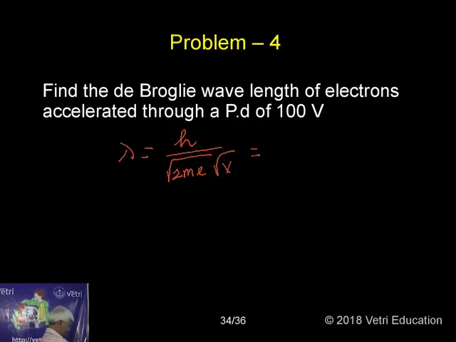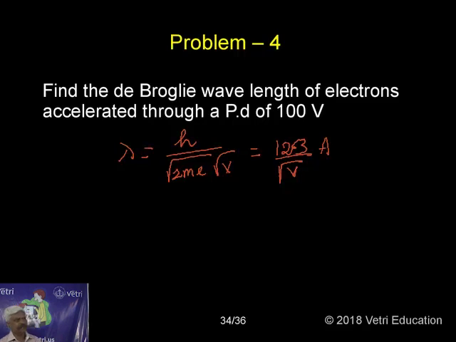Because we know h, Planck's constant, 2m, everything is known. I have given the shortcut formula, 12.3 by root V, as the answer. So keep this in mind, because h is Planck's constant 6.63 × 10 to the power minus 34, m is the mass of electron 9.1 × 10 to the power minus 31, e is the charge of the electron 1.6 × 10 to the power minus 19.